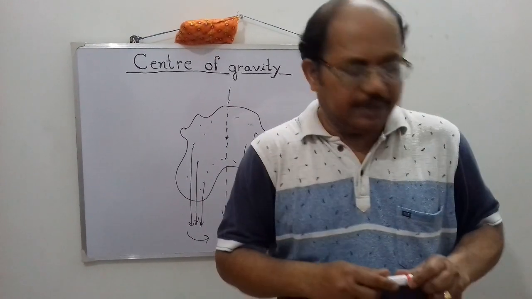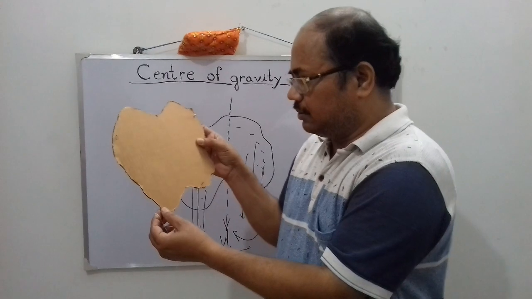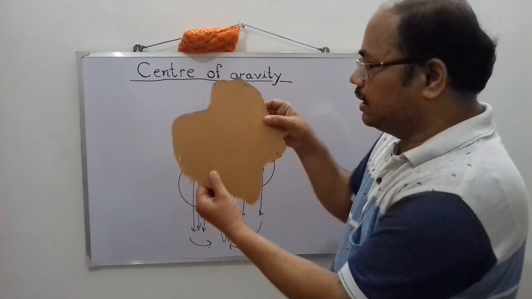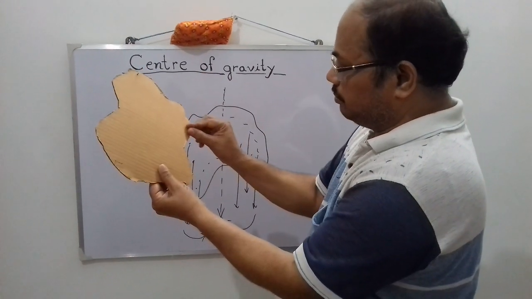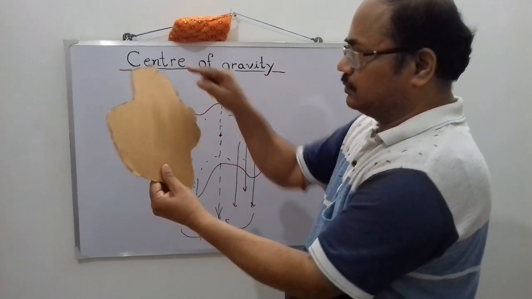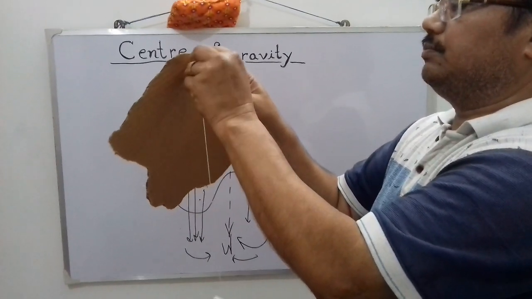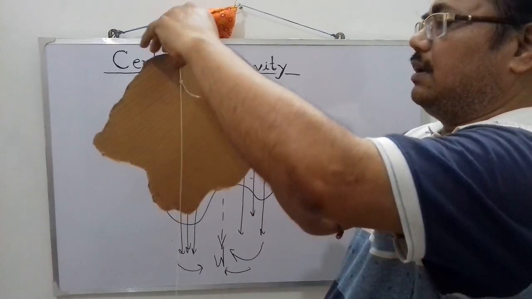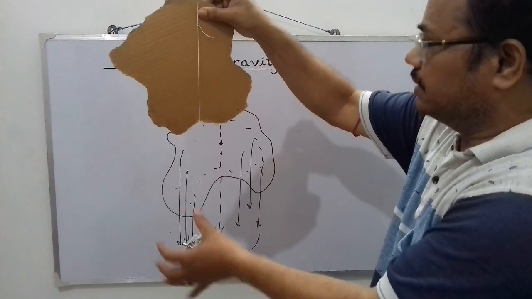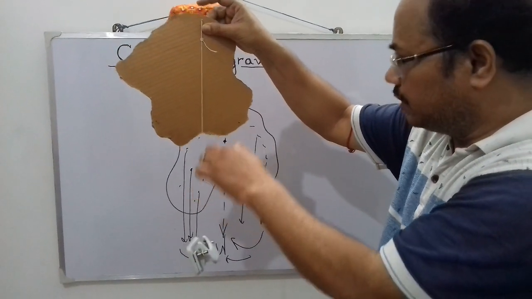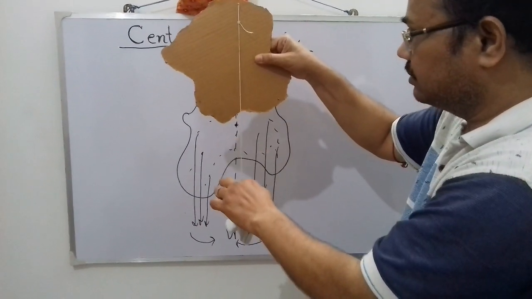Okay, let's have an example. This is an irregular lamina. Here are some pinholes. Suppose I suspend a weight through a string vertically downwards. The weight acts vertically downwards.